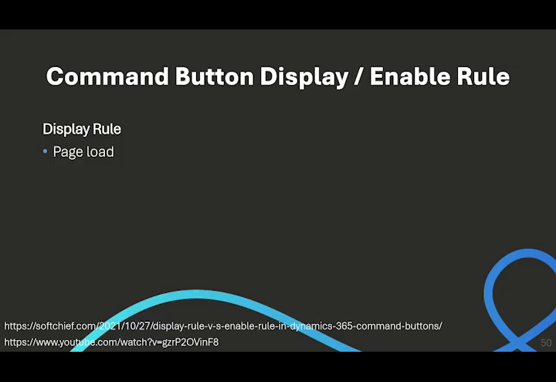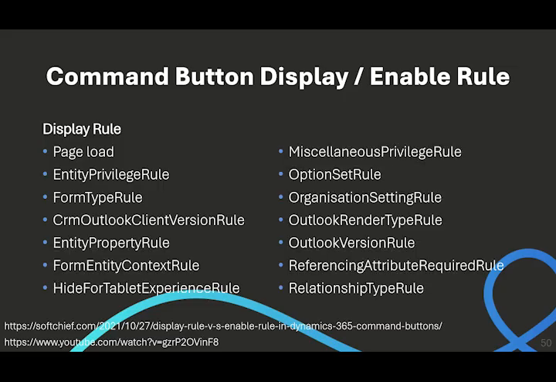That is what makes it different from the enable rule. It has some entity privilege rule, form type rule. So we have show/hide based on the new form type or edit form type, and other rules that I don't even know, I've never used.